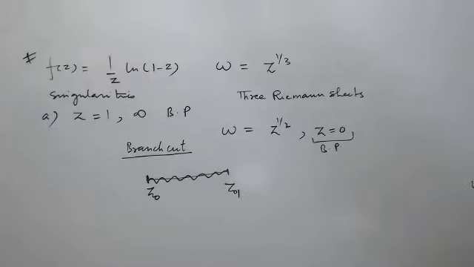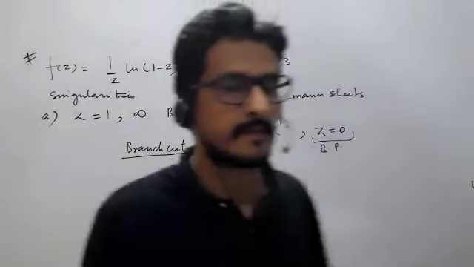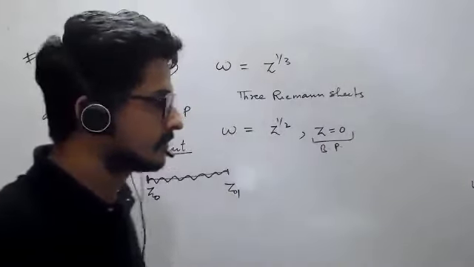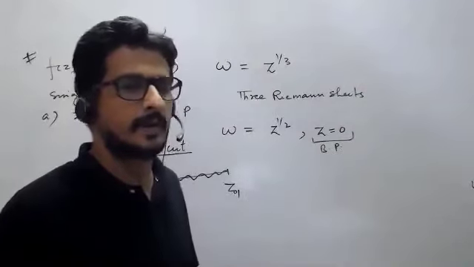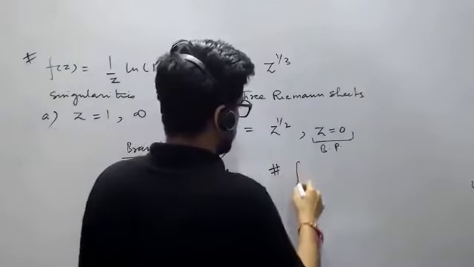Sir, it's an integer, so why will infinity be there? Sorry? Sir, 1 minus z to the power is an integer, so infinity should not be the branch point. No, that means you did not pay attention last time.